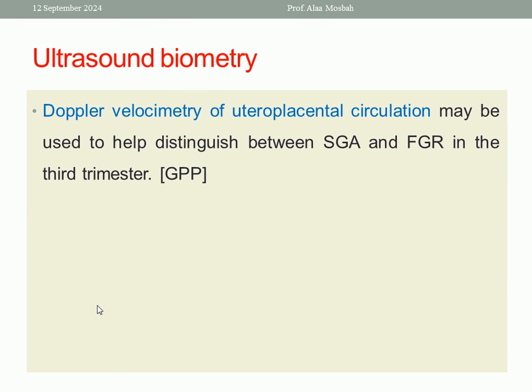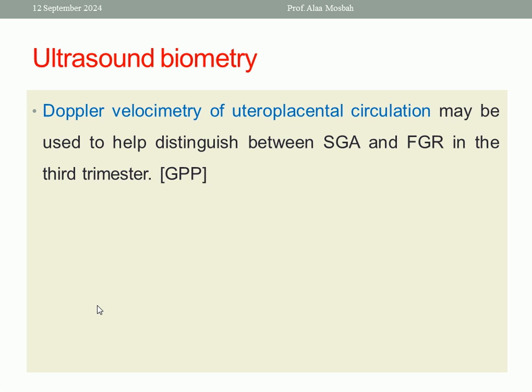Doppler velocimetry of uteroplacental circulation may be used to help distinguish between small for gestational age and fetal growth restriction in the third trimester. Why should I differentiate between small for gestational age and fetal growth restriction? Because the perinatal morbidity and mortality is higher, of course, with fetal growth restriction, not in case of small for gestational age.